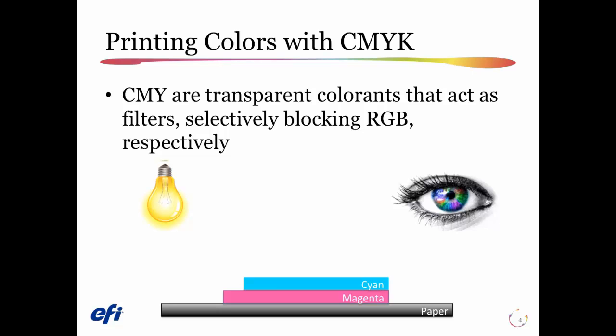So when I look at a red fire truck, the fire truck is red because its paint is absorbing 2/3 of the visible spectrum, that is all the greens and all the blues, and it's reflecting approximately 1/3 of the spectrum, the reds. That fire truck is opaque, so if I tried to print with red and blue colors together, for instance, and I printed the blue on top of red maybe to make some sort of a purple, the only color we'd see on the final reproduction would be blue.